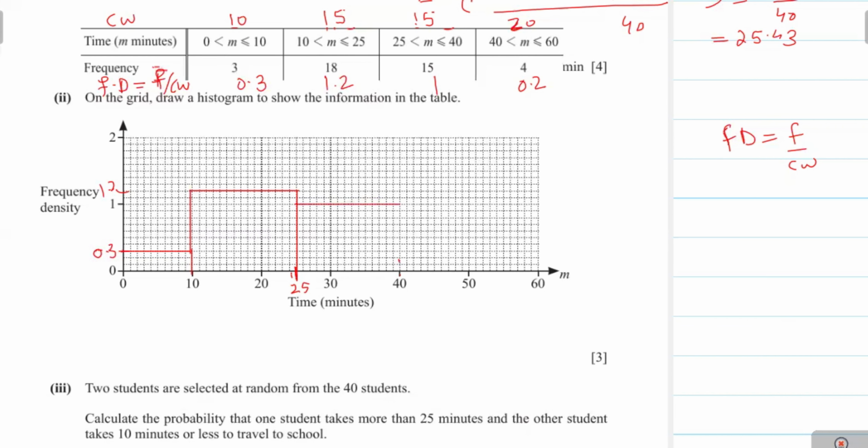Next, the width of the bar is 40 to 60 because the interval of the time here is 40 to 60. The width is 20 units, and the height is 0.2. And this position is 0.2. And we will draw our horizontal line and this vertical line, we get a bar, and this is the histogram.